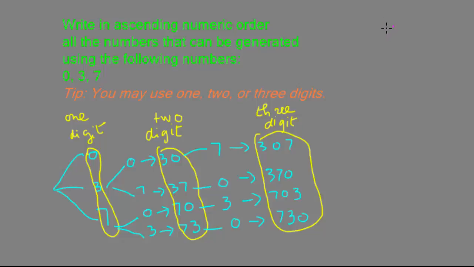You have 0 followed by 3, 7, 30, 37, 70, 73, 307, 370, 703, and 730. Et voilà.